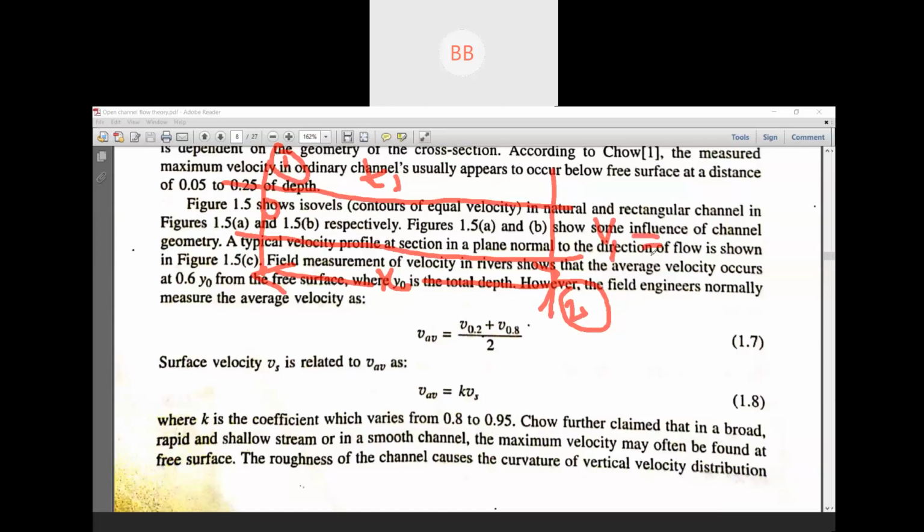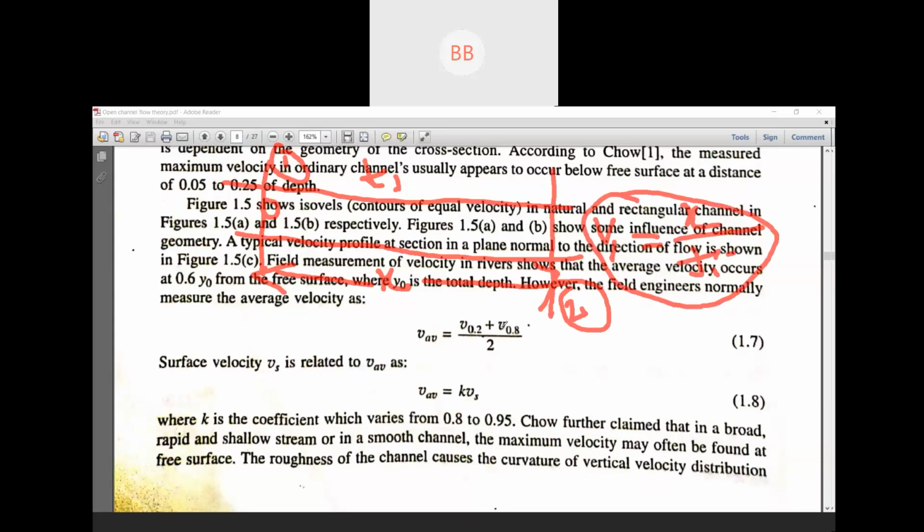Velocity we know is meter per second, so it will be x by t. But if you see logically, this velocity gives you the surface velocity. And we all know that when we move from the bottom of the channel to the surface of the channel, our velocity changes.